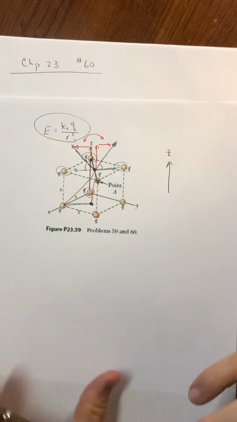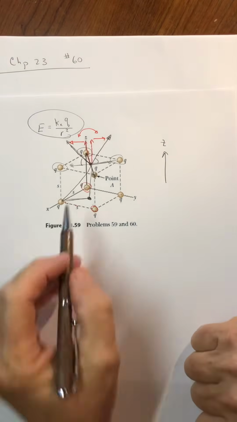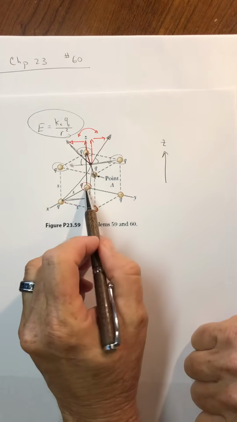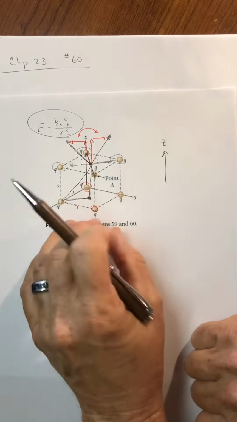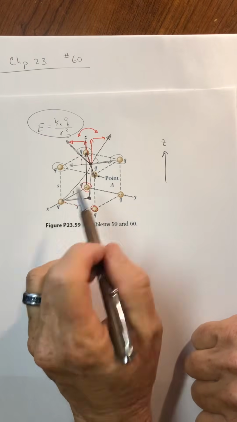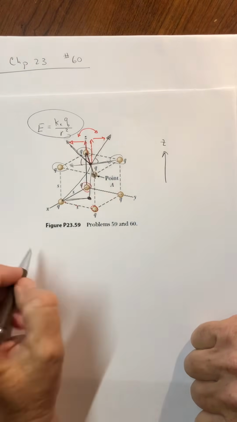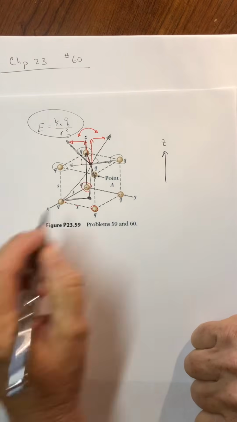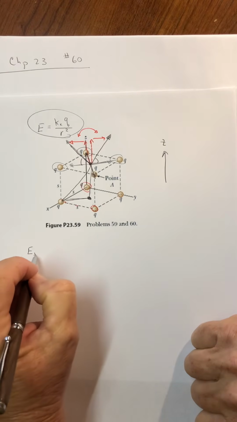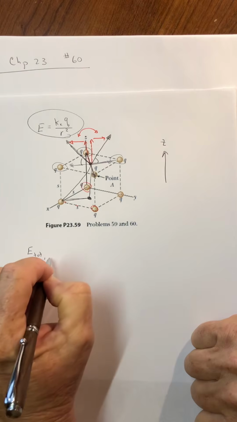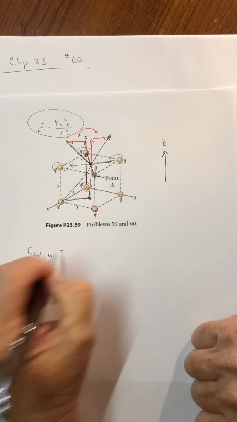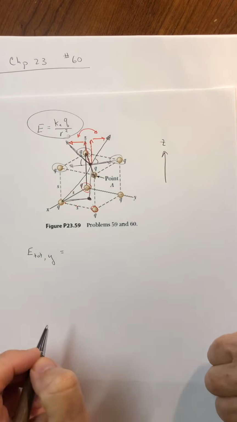In fact, here's the final step, because not only do these bottom 4 cancel in terms of horizontal, in terms of the vertical, all 4 of these have the same vertical component.